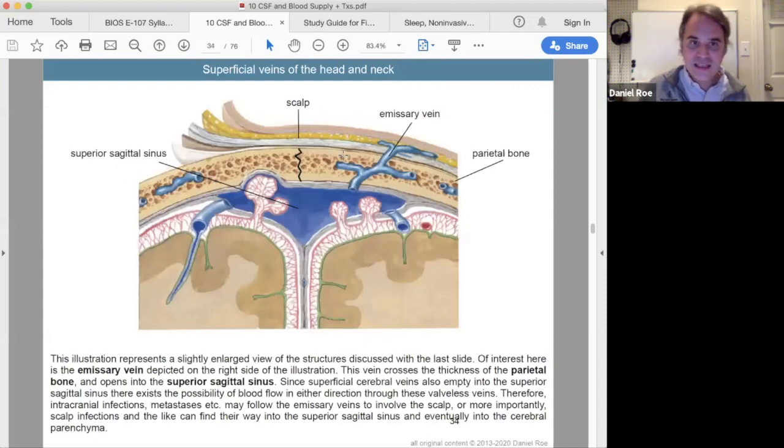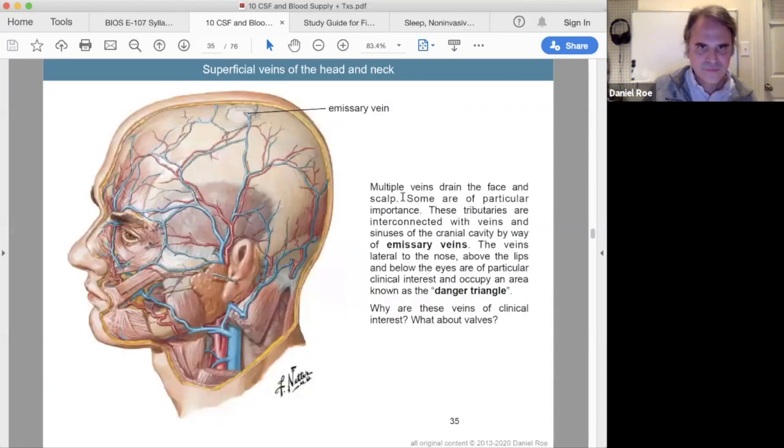Here we have, again, another coronal section. This is the superior sagittal sinus in a cross section in a coronal view. And here we have an emissary vein that's drawn here, just going from the scalp straight into the superior sagittal sinus. Again, these are very common.